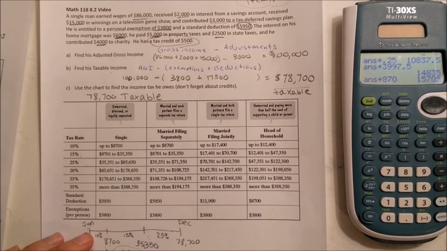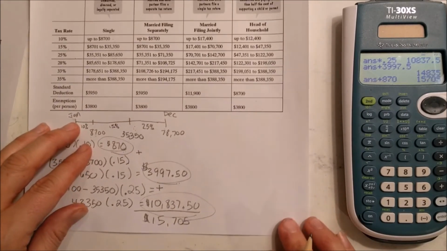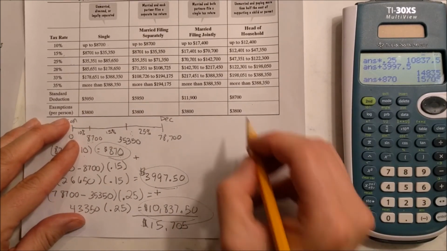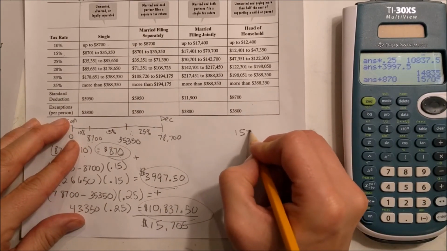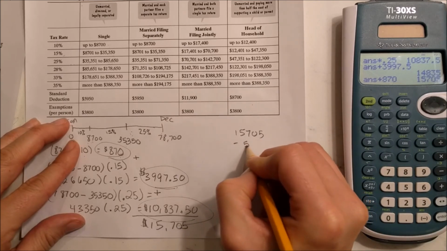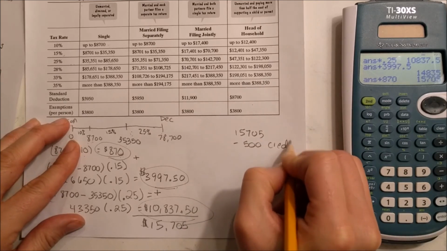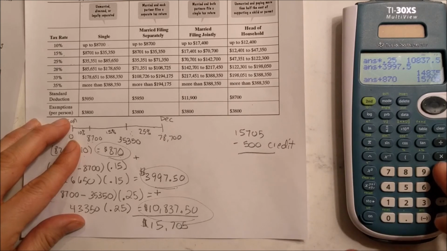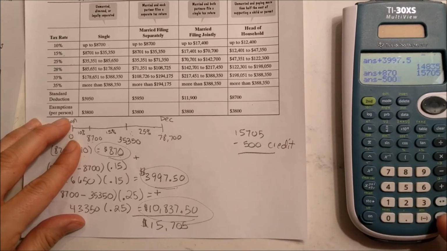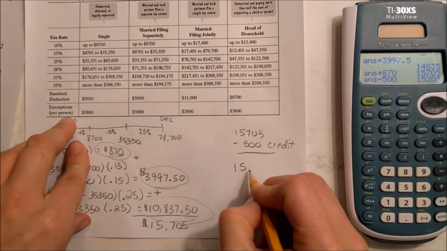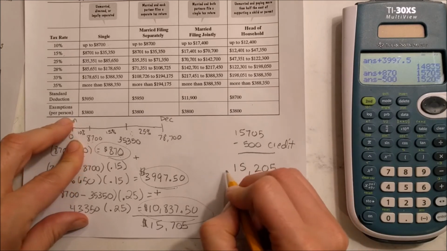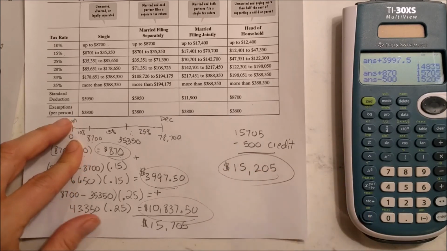However, I could owe that $15,705, but don't forget, if you go back, we had a tax credit, right? A $500 tax credit comes off at the very end. So we get to save $500. 15,705, subtract our tax credit. And then our final answer is $15,205. So imagine you make all this money.